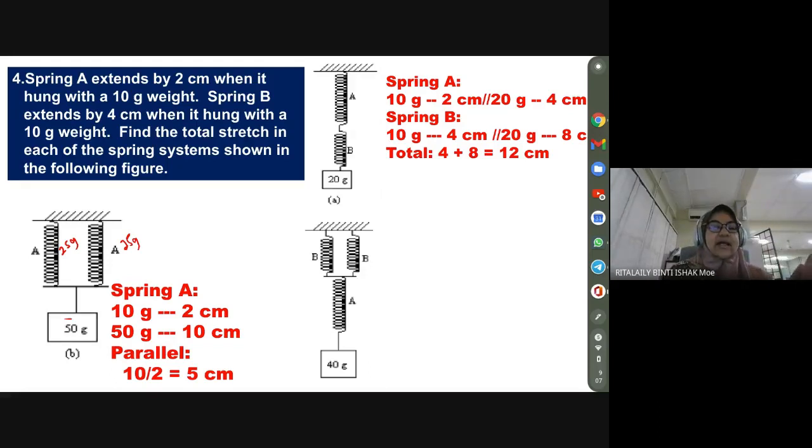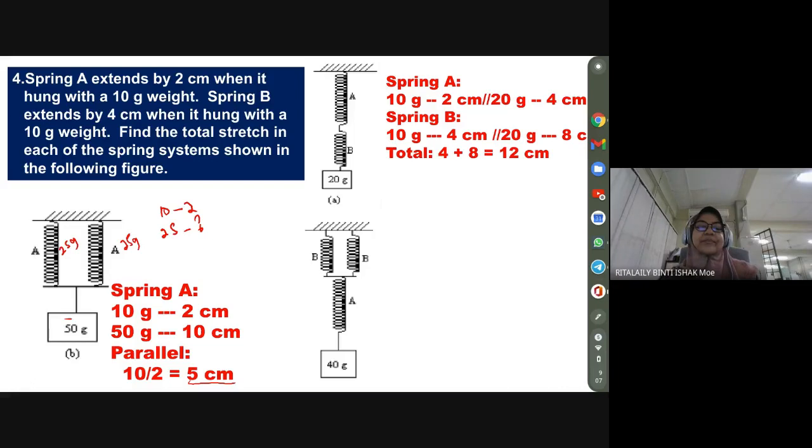Since every 10 gram, the extension is 2 cm, when the weight is 25 gram, the extension will be 5 cm. With 10 gram extension 2 cm, for 25 gram we don't know, so we use proportion.